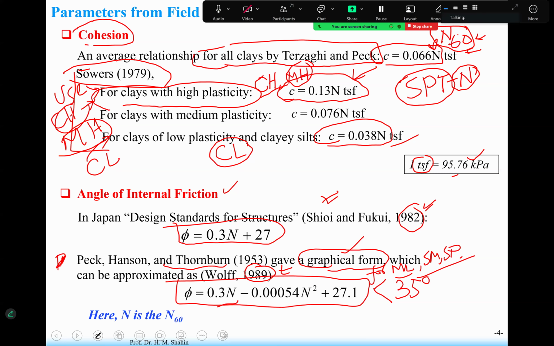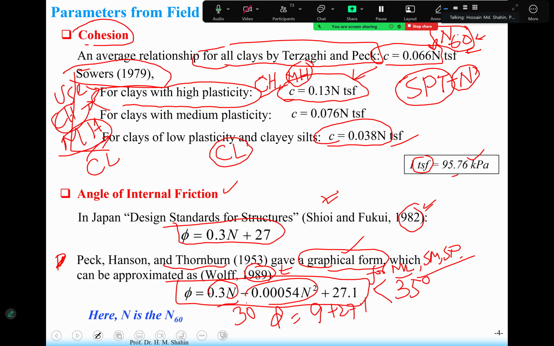Okay, 38. So say you get an N value equal to 15, or say 30. So what will be the phi? Phi will be 30 times 0.3, which is 9, plus 27.1.